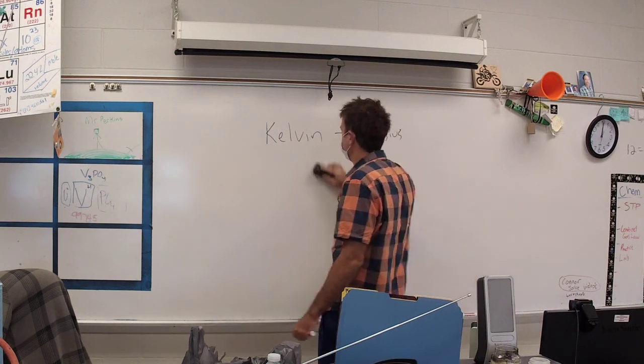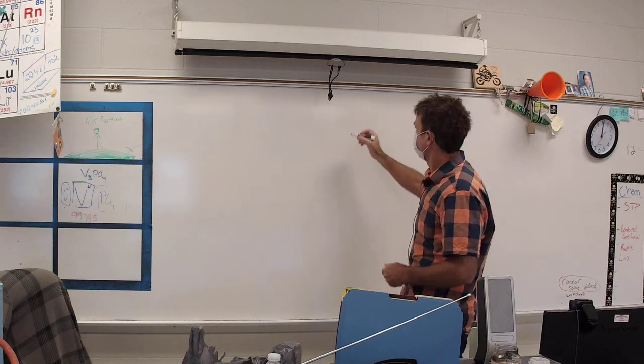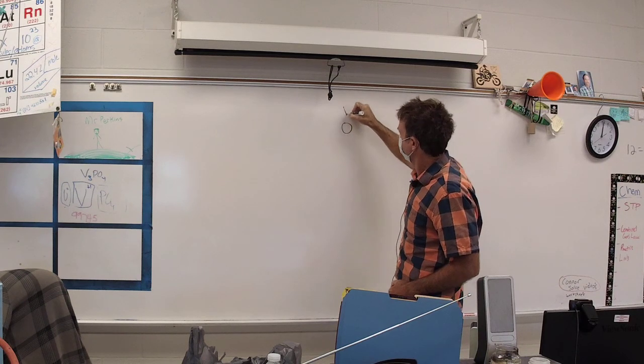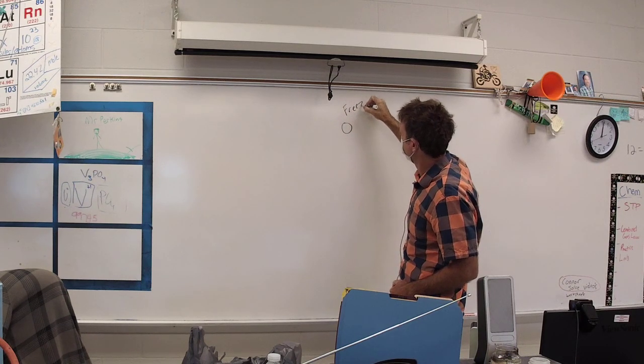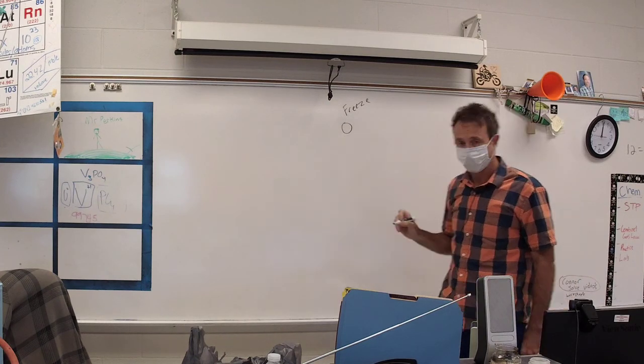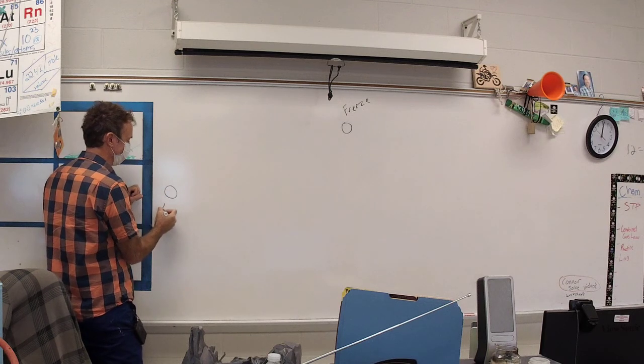But Kelvin and Celsius, their units are the same size, but they are assigned different numbers. And the whole thing is based on water with Celsius, right? So what we call 0 degrees Celsius, that's when water freezes, right? And what we call 0 in Kelvin, that is absolute 0.